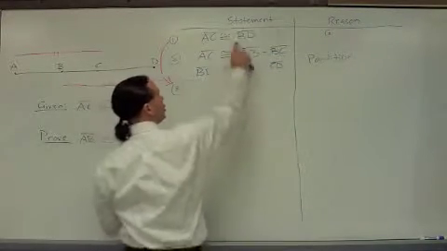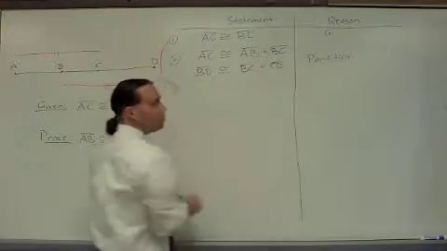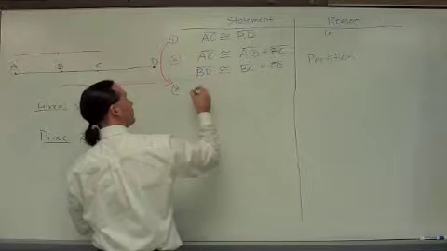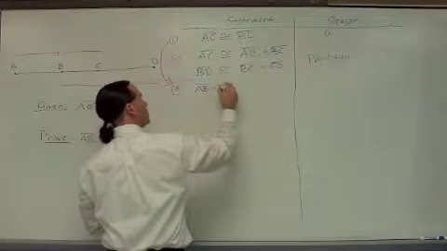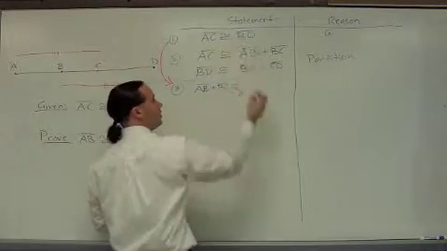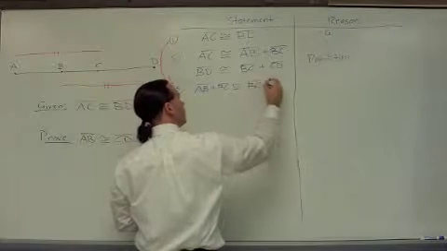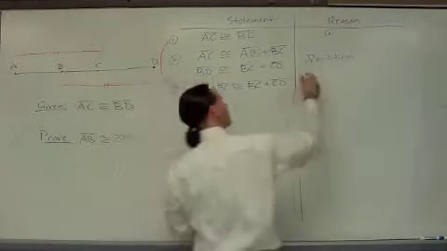I'm also going to substitute BD with BC plus CD. So when we do that, what we get is this. Instead of AC, we have AB plus BC congruent to, instead of BD, we have BC plus CD. And that's substitution.